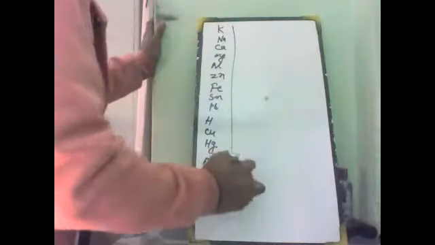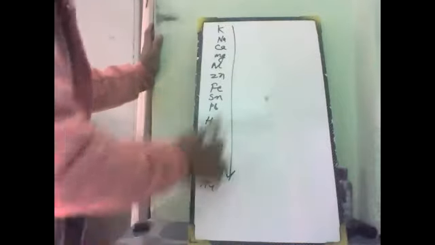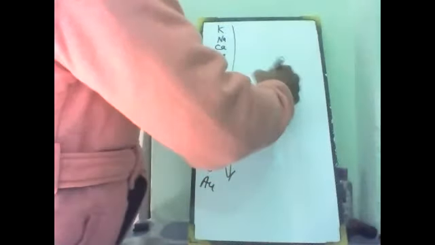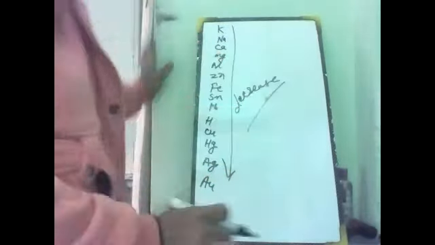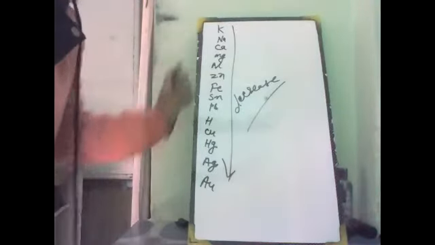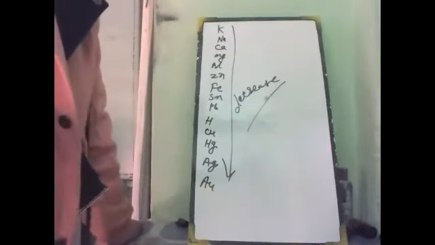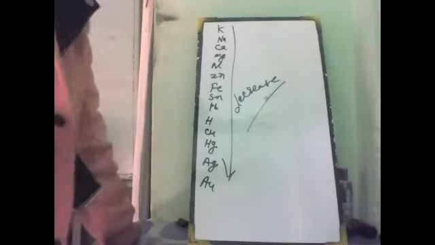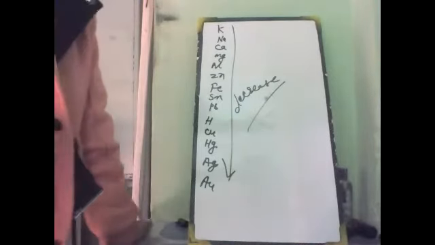Here is the activity series. In this, the activity decreases as we go down in this series. The most reactive metals take position at the top, and the least reactive metal takes place at the bottom.